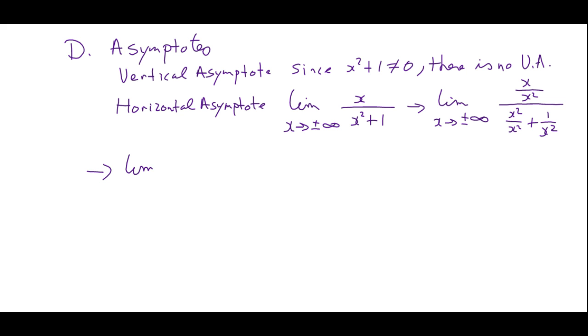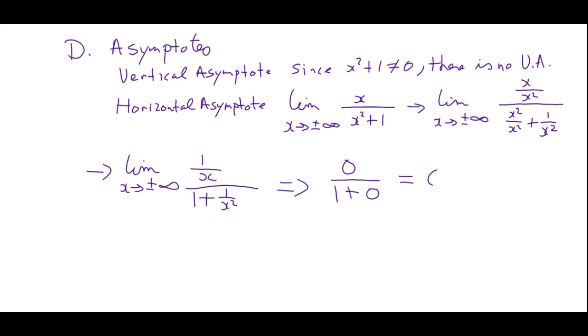Which gives us the limit of (1 over x) over (1 plus 1 over x squared). And we can now do our limits, right? The limit as x approaches infinity of 1 over x is 0, over 1 plus 0, which is 0. So we do have a horizontal asymptote: HA, y equals 0.